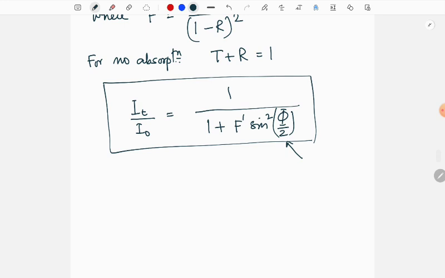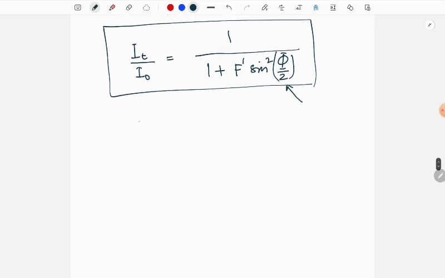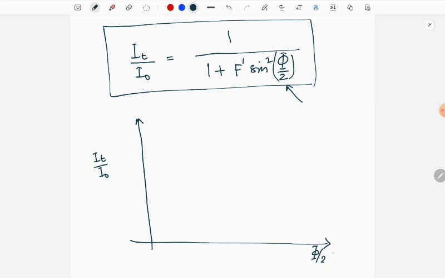So if this is IT by I naught and this axis is capital Phi by 2, when Phi by 2 is 0, sine 0 is 0, so you have IT equal to I naught, so this is 1.